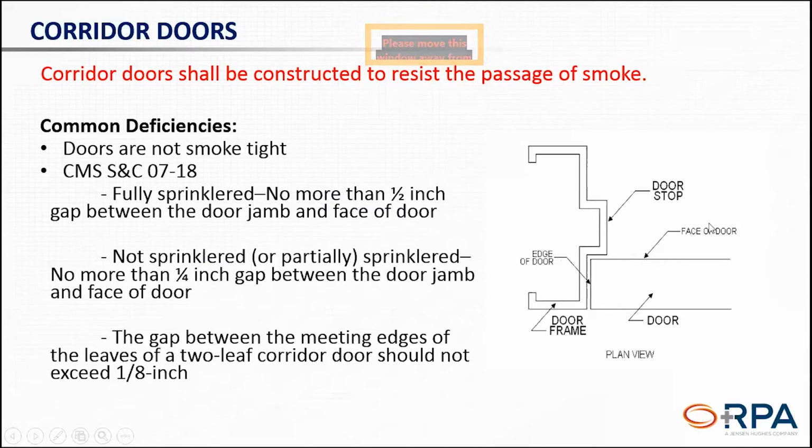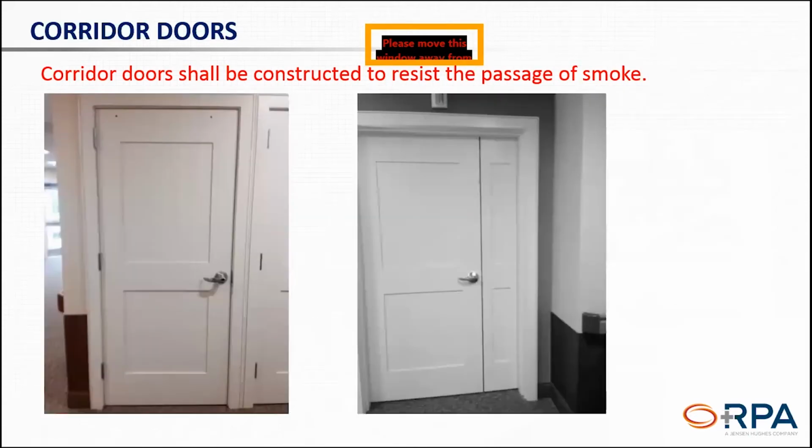So part of doing your rounds or your periodic checks of your corridors, you should be looking for that type of deficiency, making sure that those doors are closing and they're not warped or twisting or something, so it's stepping away from that door stop. Because we need to have a nice tight seal. You can see that here's the meeting edges.